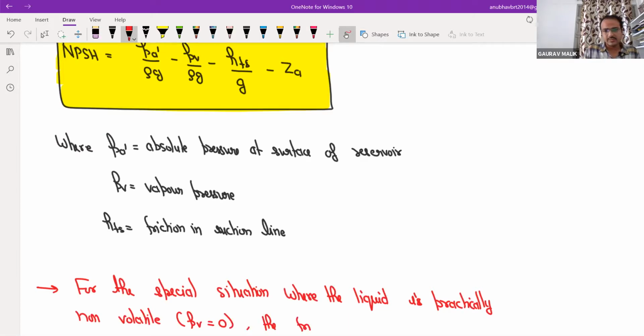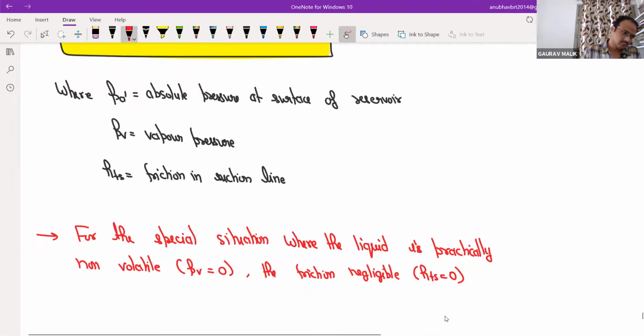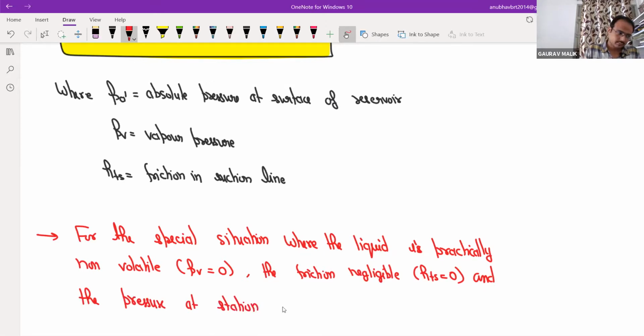The friction is negligible, so H of Fs is equal to 0. Then the pressure at station A prime is atmospheric.